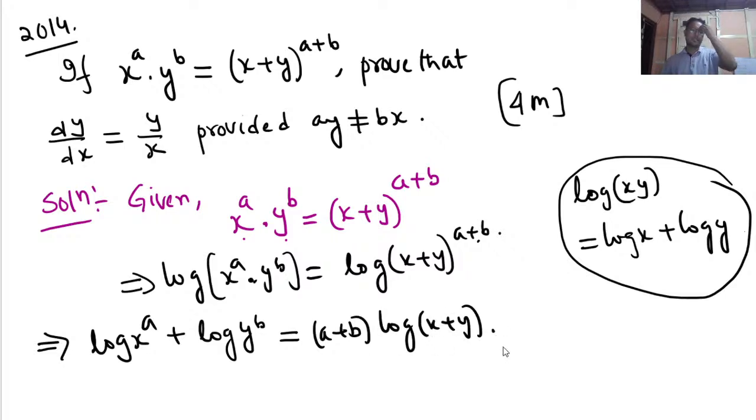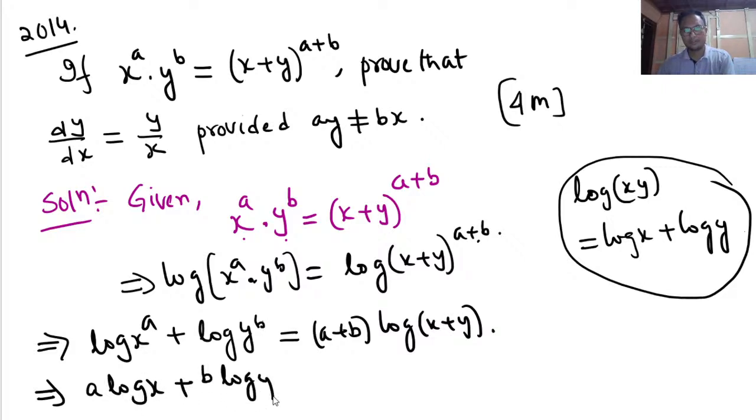Now the next step, the power comes in front, so it will be a log x plus b log y equal to a plus b log of x plus y.